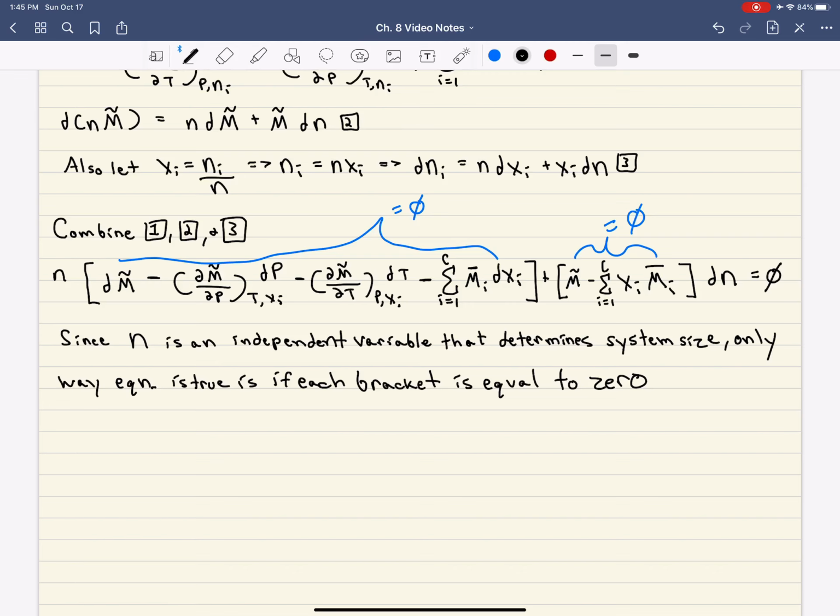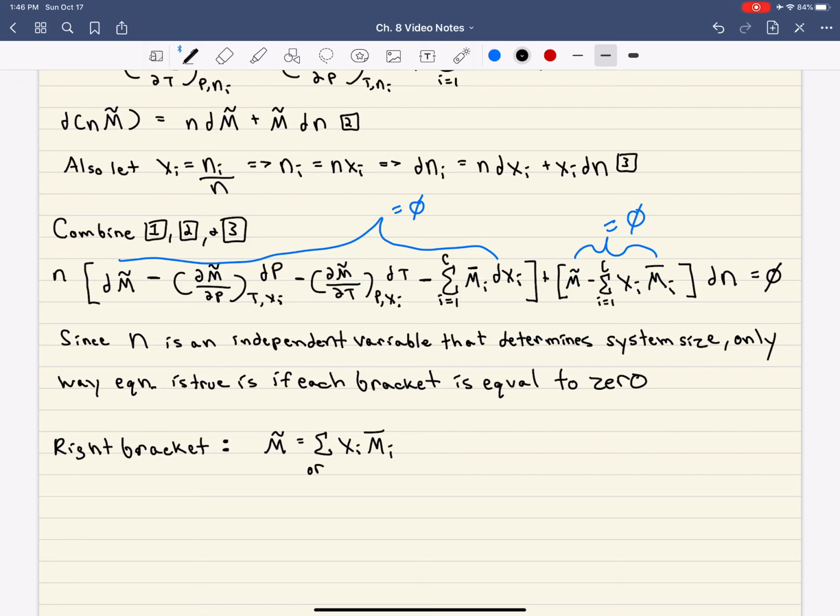So if we take a look at the right bracket, and we know that it has to be equal to 0, what we could do is just rearrange the stuff in the right bracket to get this relationship: M equals the sum of x_i M_i bar.